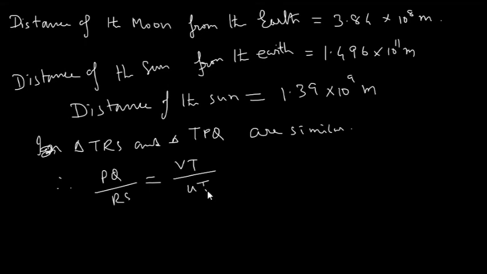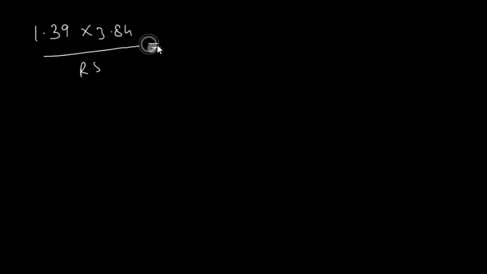Now if we put the value, we'll get 1.39 × 10^9 into 3.84 × 10^8 upon RS is equal to 1.496 × 10^11.